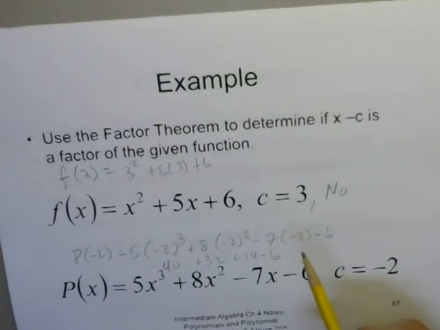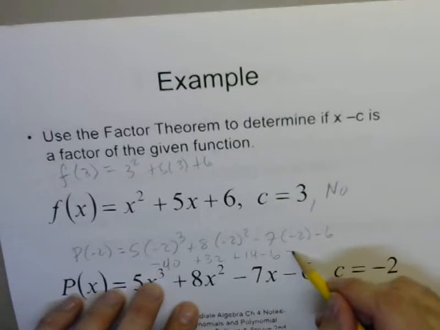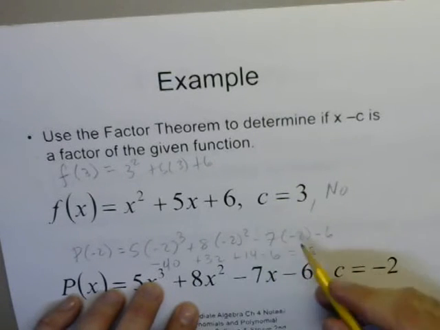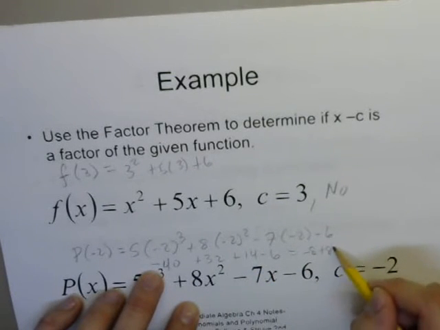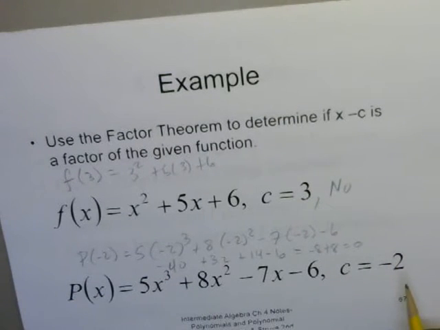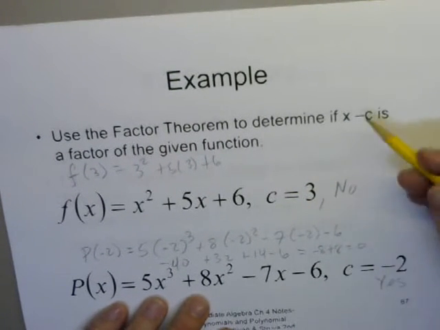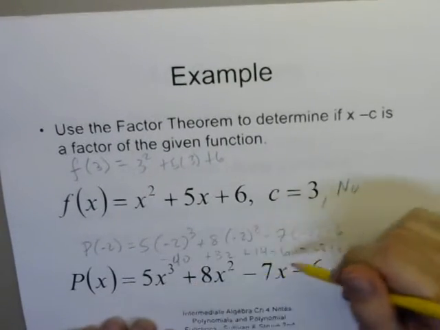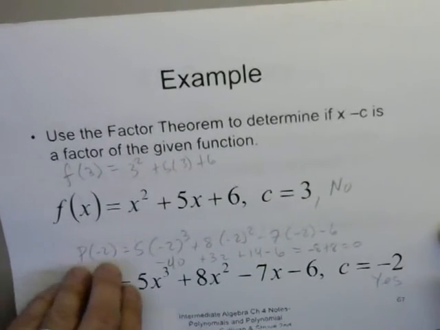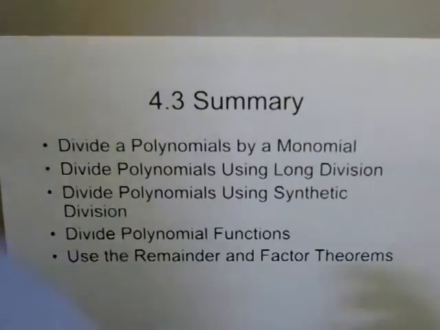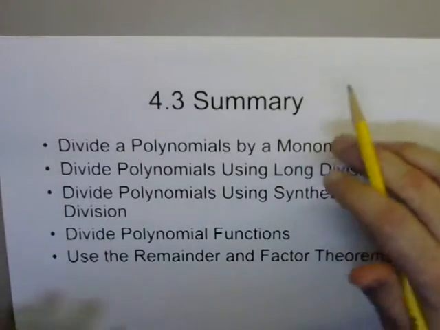So is that going to be 0? This will be negative 8 if I combine these two together. This will give me a positive 8, so I do get a 0 there. That would mean that yes, x minus negative 2, or in other words x plus 2, is a factor of that polynomial.